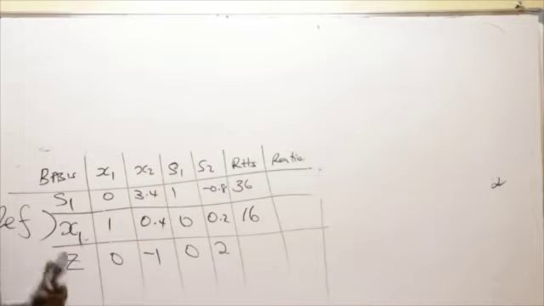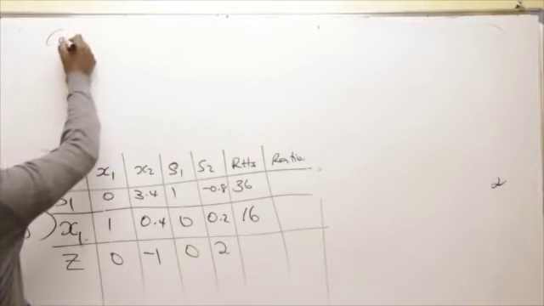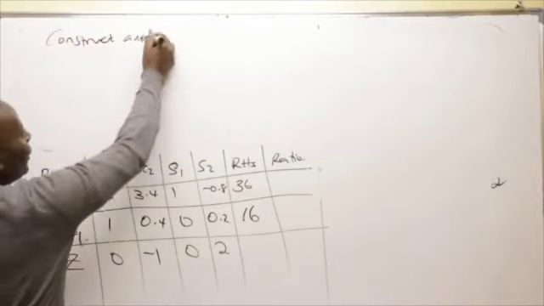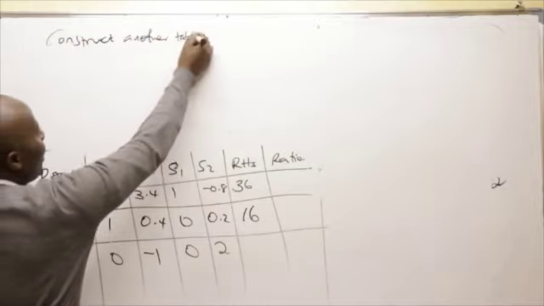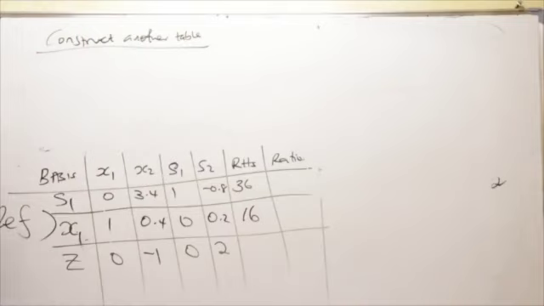And if it's not optimal, we must construct another table. So come here and construct another table for us. Another table, quite tiresome, but very good and very many marks in our exams.